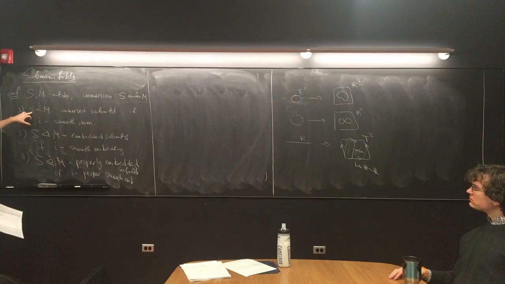Okay, so an immediate corollary of this is that each level set of a smooth submersion F from M into N is a properly embedded submanifold of dimension equal to the dimension of N. I mean, it's just a special case of that, right?